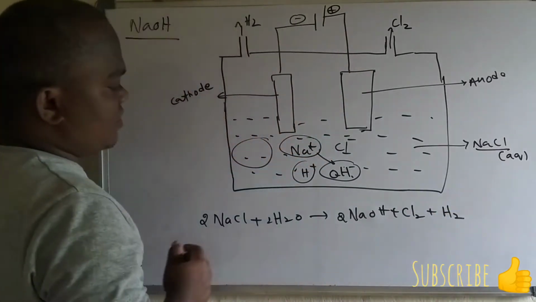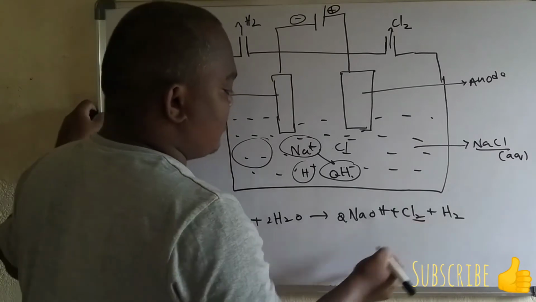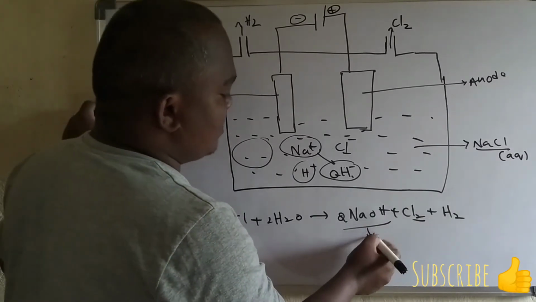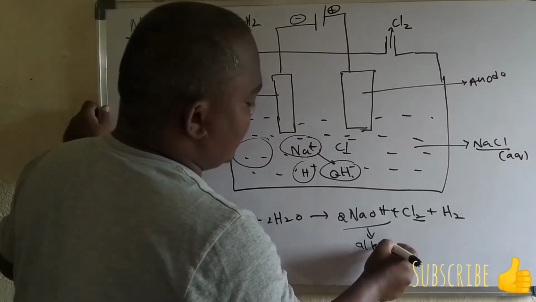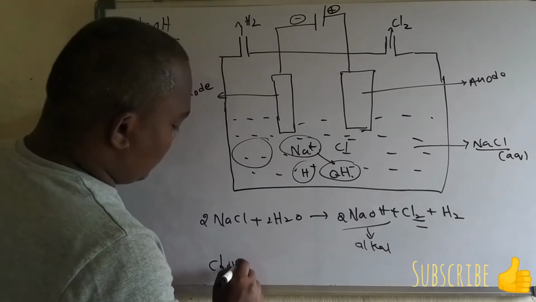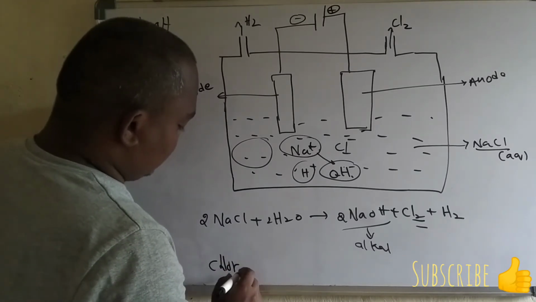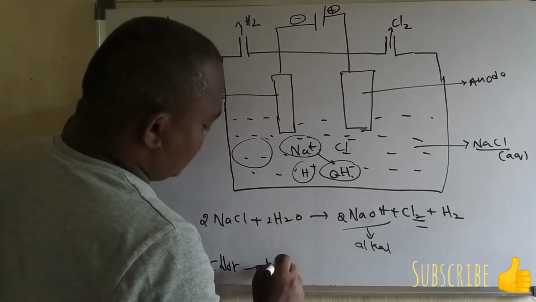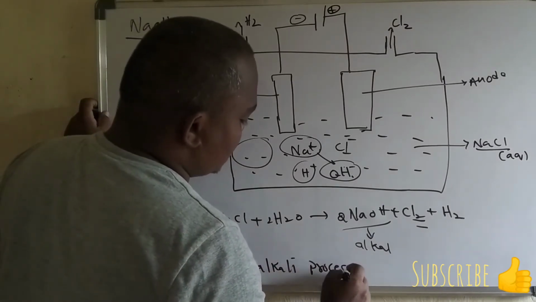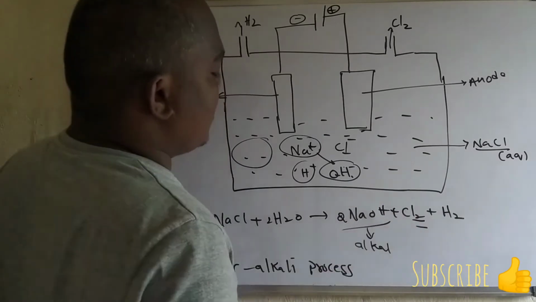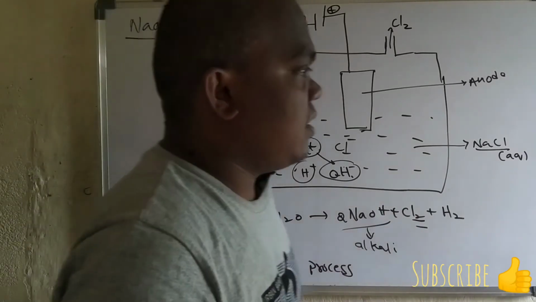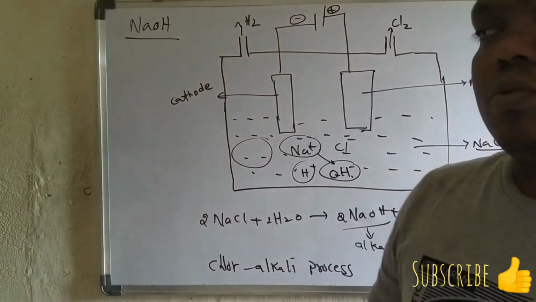In this process there is a formation of chlorine and formation of a base, an alkali, so this process is known as the chlor-alkali process. In this we get sodium hydroxide along with chlorine. This is the extraction of sodium hydroxide.